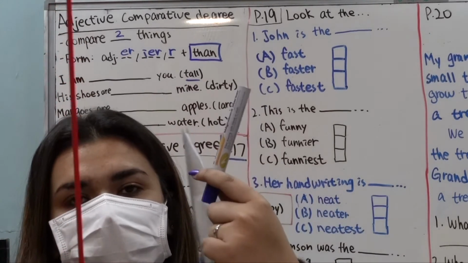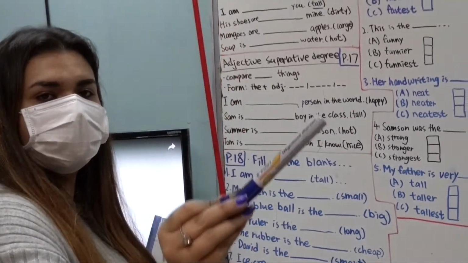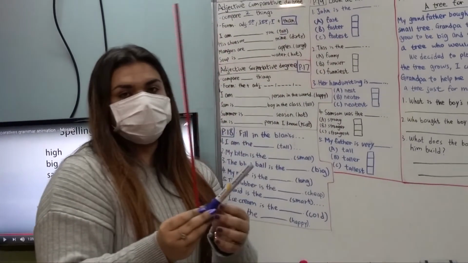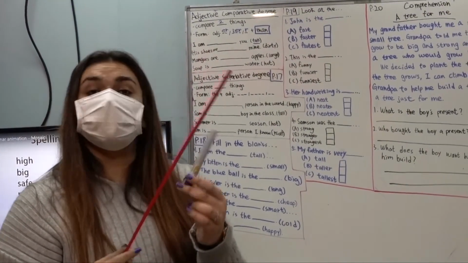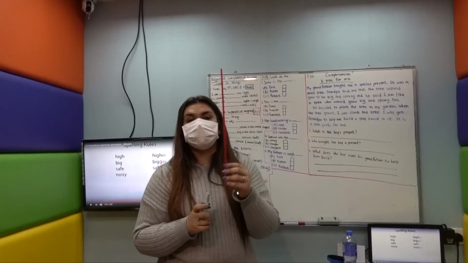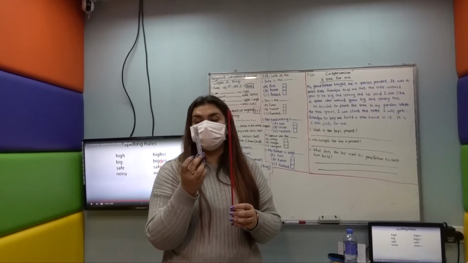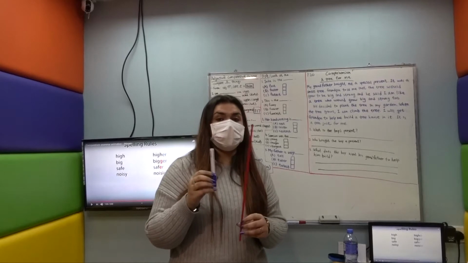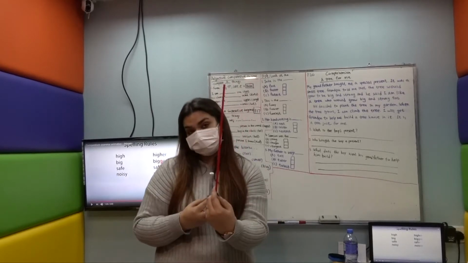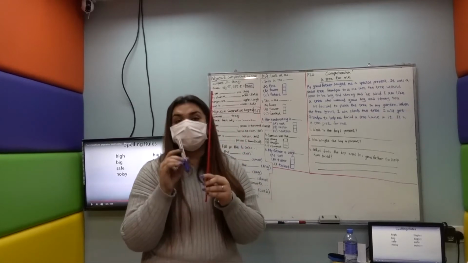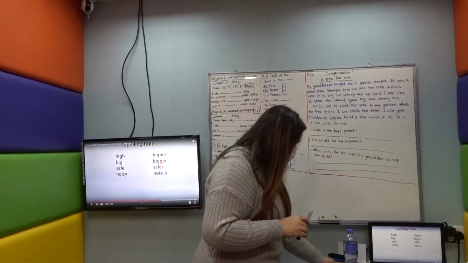Here is the marker again, right? Which adjective will you use to describe these two things? You can use big, right? Or you can use tall, right? So this stick is taller than the marker, right? So I'm using the adjective tall to describe these two things. I use tall to compare them. Okay? This is how we compare.